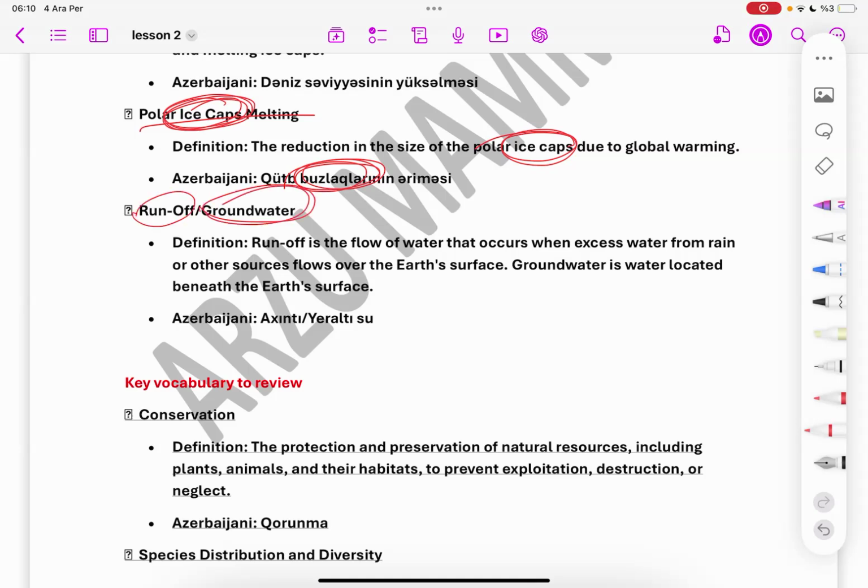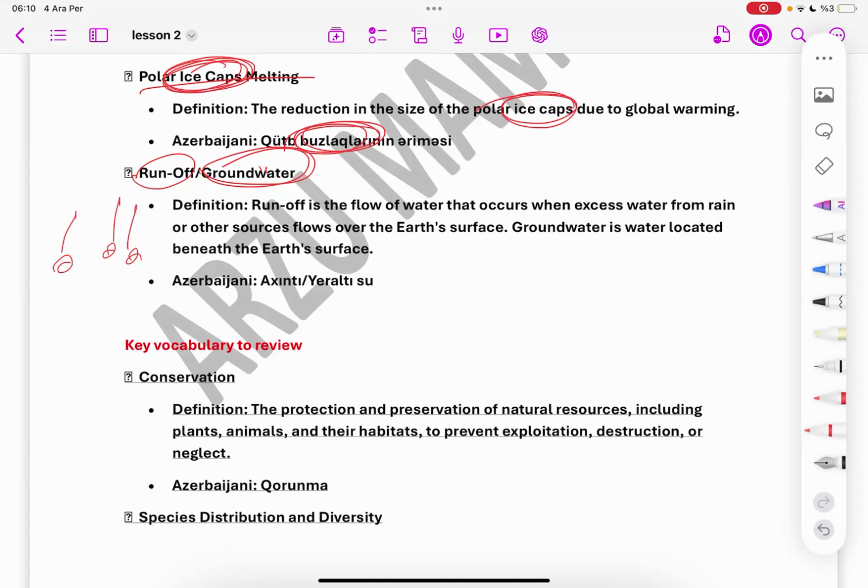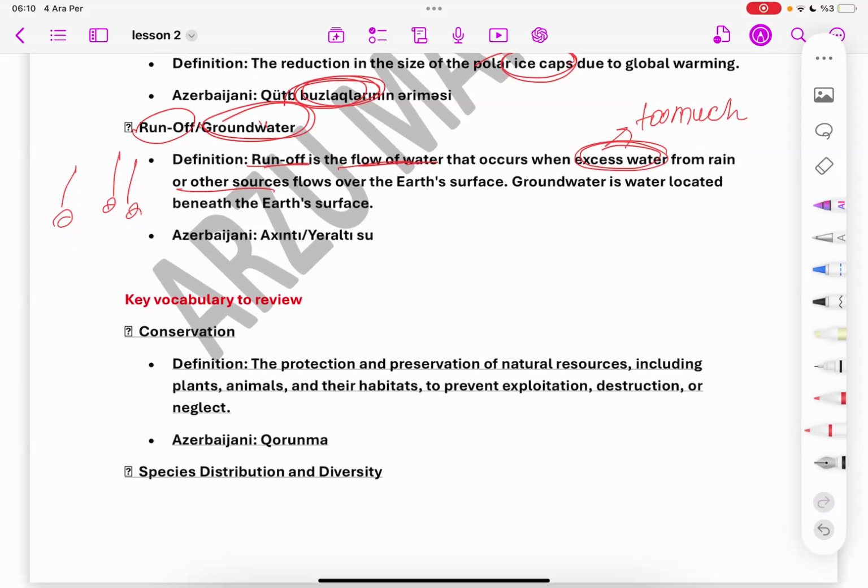Runoff or groundwater, we have already covered this one. So runoff is the flow of water that occurs when excess, meaning too much, do you remember excessive use of something, from rain or other sources. They can be taken as synonyms. Conservation. So conservation, the protection. Conserve is protect and preserve.